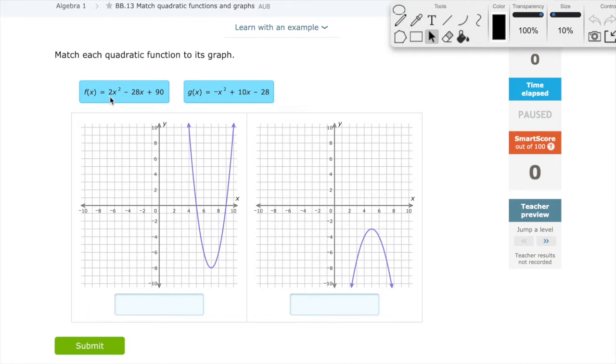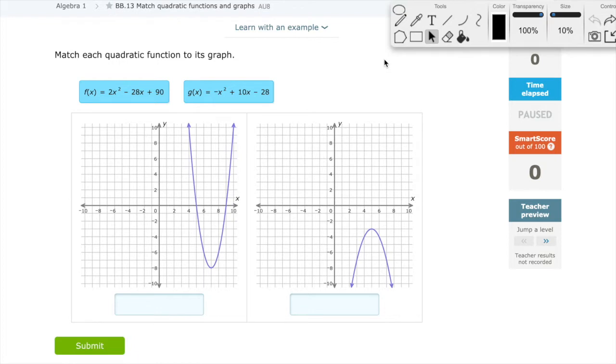So a positive number like the 2 is going to give you a parabola. Remember, that's the name for these U-shaped graphs. A positive leading coefficient is going to give you a parabola that opens up, so something like that. And a negative number is going to give you something that opens down, or something like that right there.